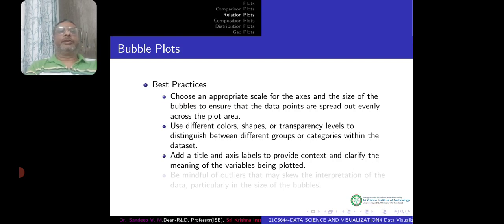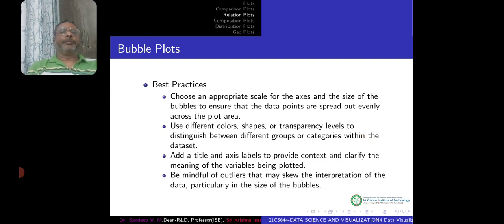So just put all the things together in one place as a legend, so that will make understanding very easy. Make sure to give a proper title and axis labels so that it becomes easier to understand the total meaning of what we want to convey.